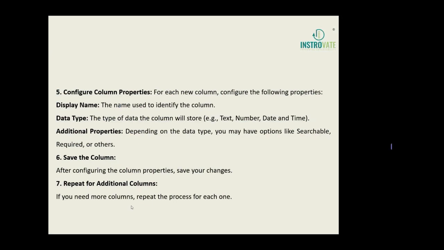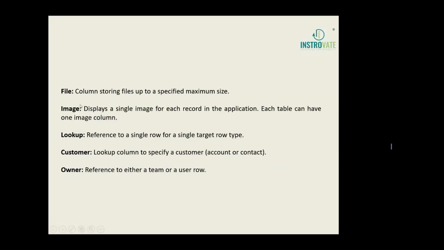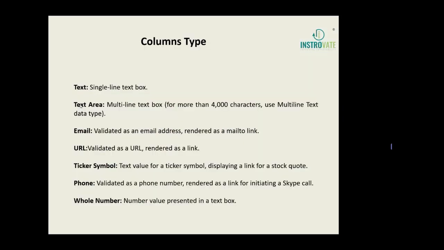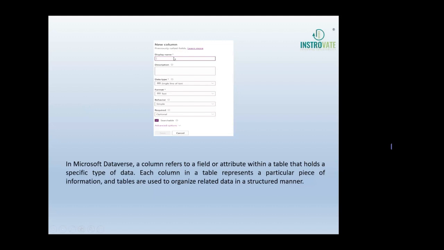So these are all the options you will get while you create a table or add a column to an existing table. From the diagram I have explained that when you click on the create a column option, you get this kind of UI with the display name, data type, and format which you want to select.